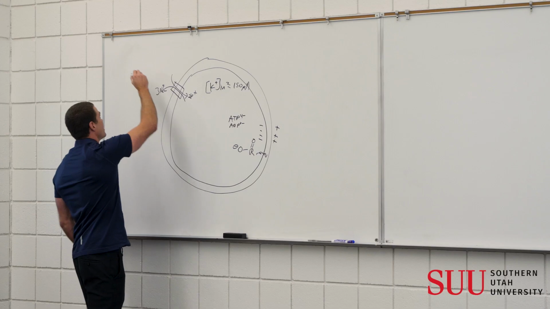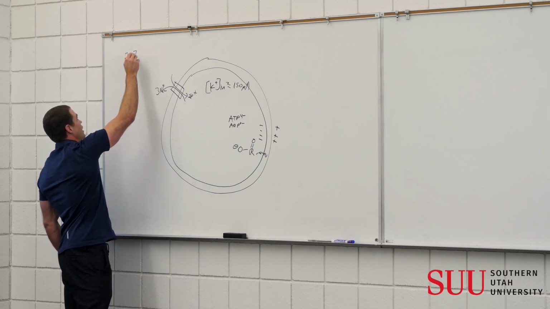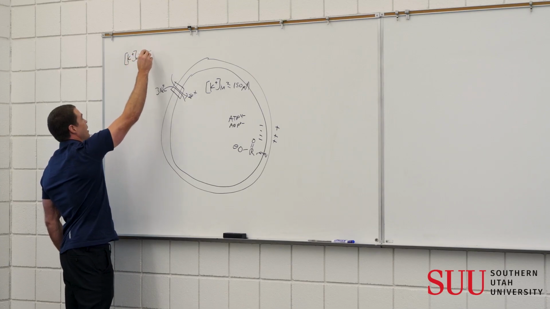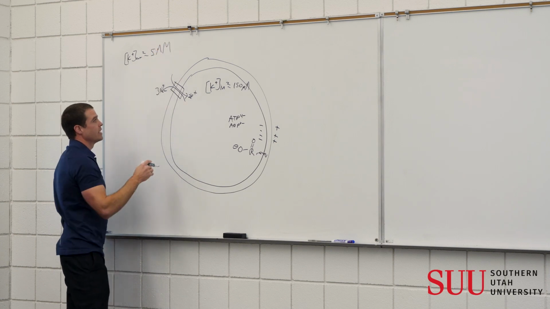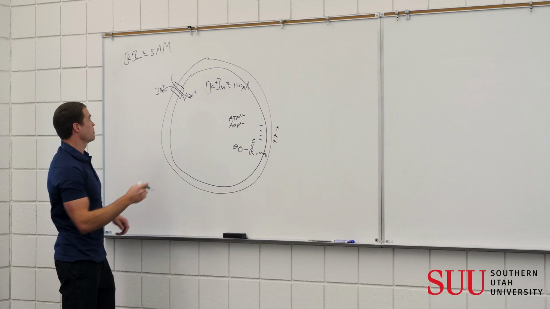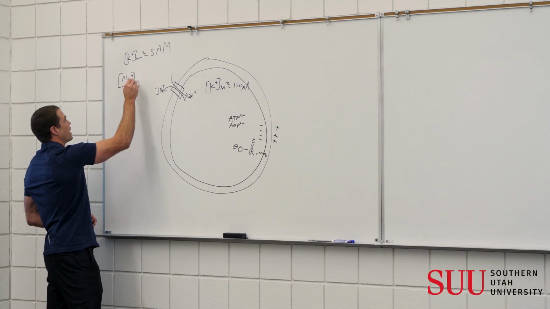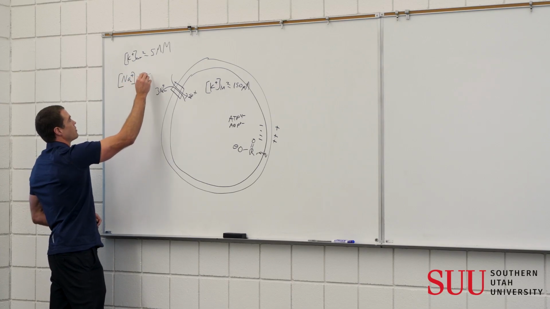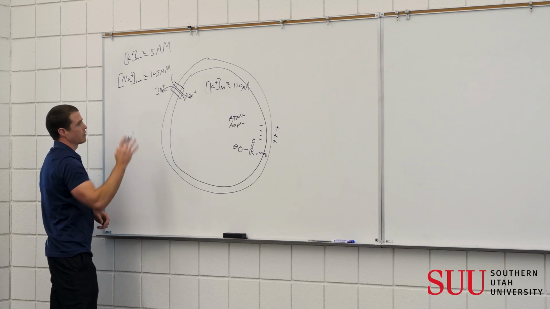Whereas on the outside, our potassium concentration is going to be around 5 millimolar, okay? Now sodium, we're putting sodium on the outside. The concentration of sodium on the outside is going to be around 145. So sodium ion on the outside is equal to 145 millimolar, or milliequivalents.